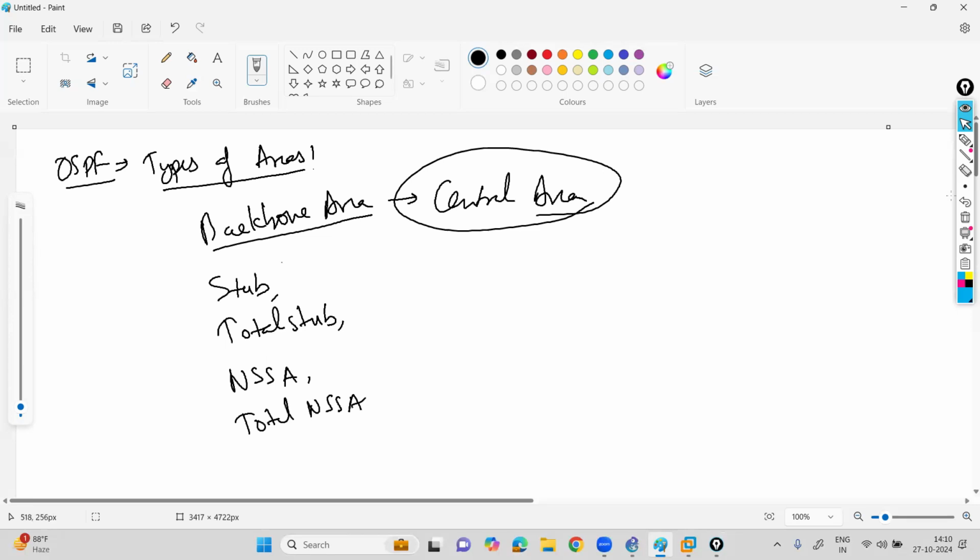So we have four types of areas, and they are really important because if you appear in any interview regarding OSPF, it is possible that most of the questions will be asked from the area concept. Clear? That is why we are going to cover the area concept here. So how many types of areas are there? Four types: stub area, totally stub, not so stubby area, and total NSSA, total not so stubby areas.